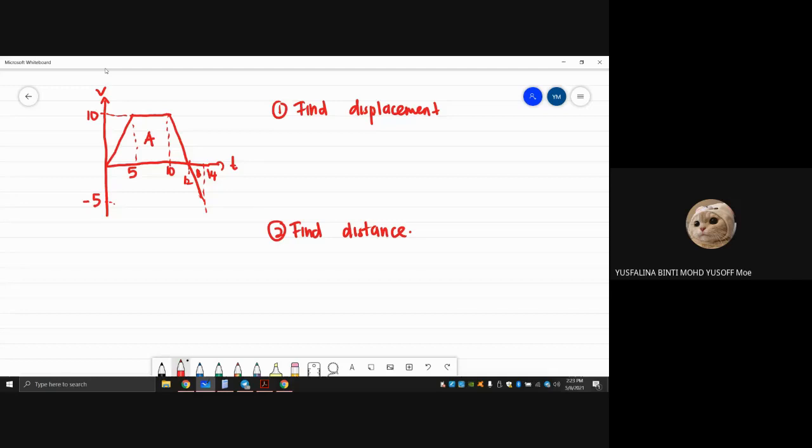Displacement 80, distance 90. Okay. Others? Can see there are two different answers here. Same. So, Lashmi, you're same with who? Okay, Astron can. Displacement 80, distance 90. Okay, so most of you, I think, got the same answer.